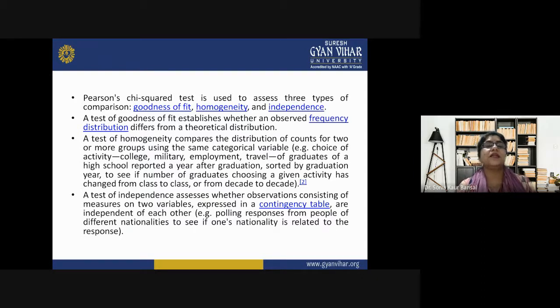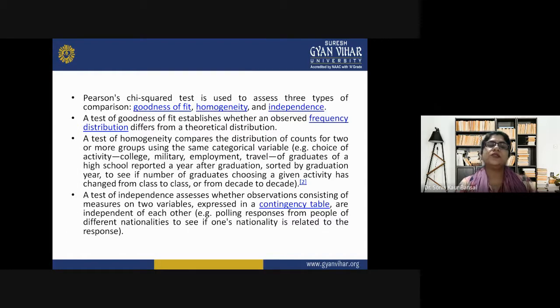Then a test of homogeneity compares the distribution of counts for two or more groups using the same categorical variable, for example, choice of activity (college, military, employment, travel) of graduates of a high school reported a year after graduation, sorted by graduation year, to see if the number of graduates choosing a given activity has changed from class to class or from decade to decade.